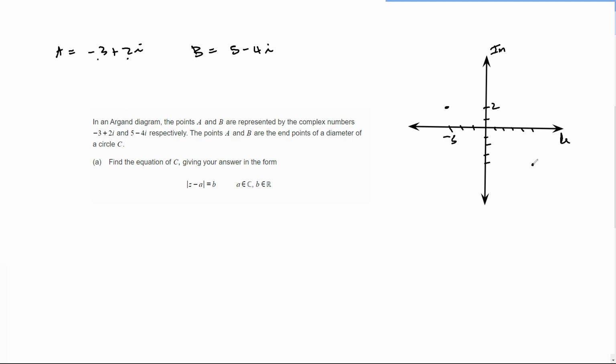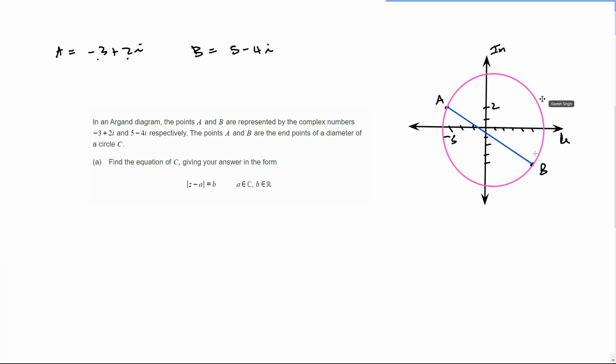This is going to be the point A, and this is the point B. And it says the points A and B are endpoints of the diameter of some kind of circle. So that means if I connect these two, I can actually draw some kind of circle around it.